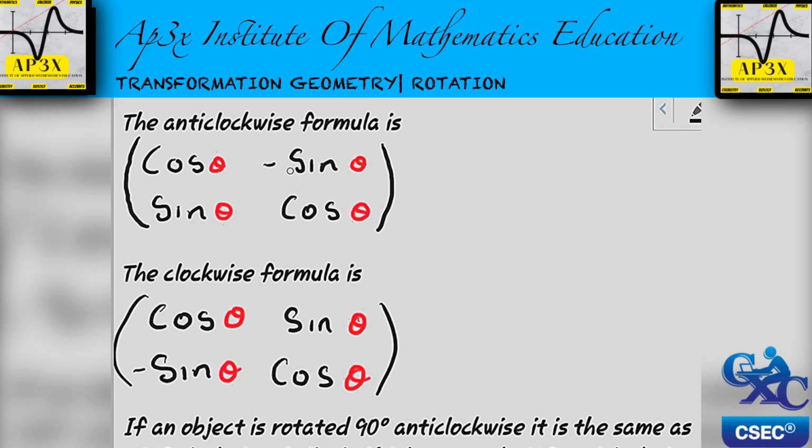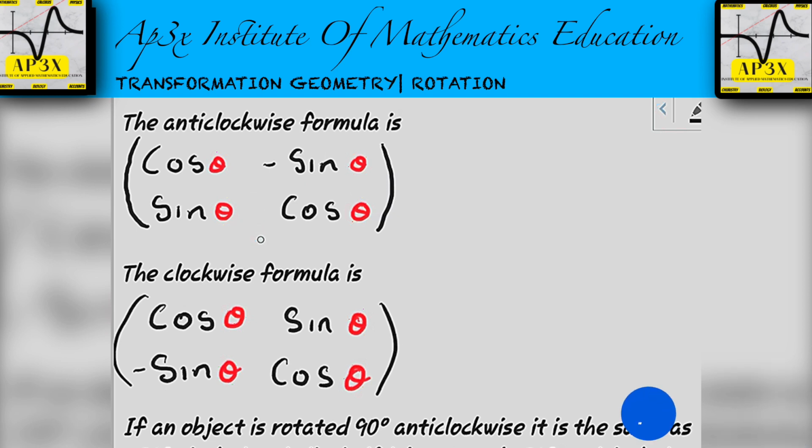But if you compare the two that you're seeing here on screen, you will find that there's just a subtle difference between the two formulas, nothing drastic. If it's anti-clockwise or counterclockwise, you'll find that the top sine theta here is negative. But in a clockwise formula, all I've done here is just switch the signs.